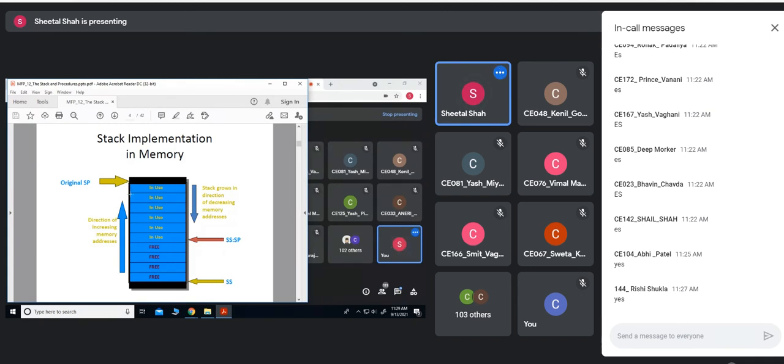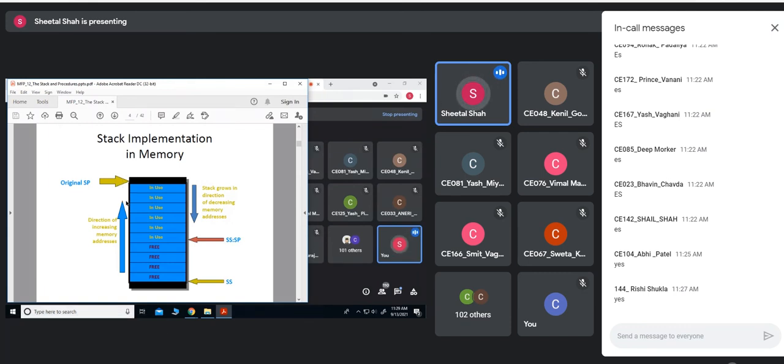Here SP value is decremented by 2 because we are pushing a word, not a byte. If I am placing a word, that means 16-bit data, and since the word size of the memory is only 8 bits, 2 memory locations would be required to place the 16-bit value, and hence the stack pointer would be decremented by 2 first.